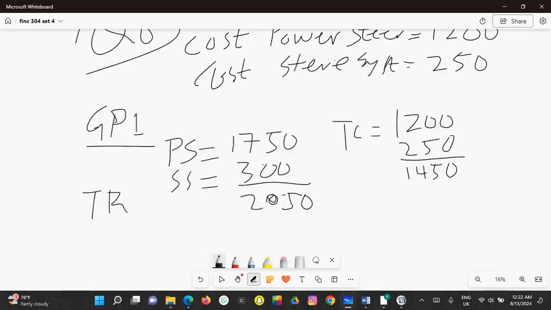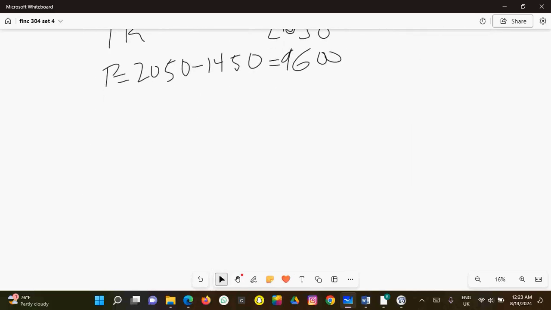So in all, profit is going to be 2,050 minus 1,450. So that is going to be 600, right? Yes, 600. Right, so that's a good point. So we move to group 2.